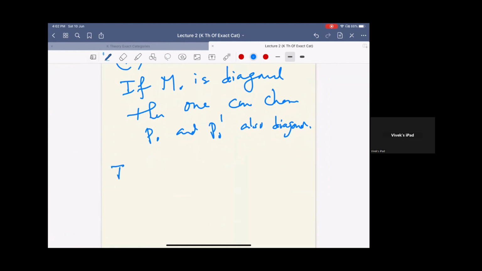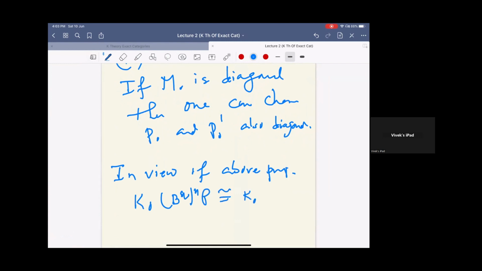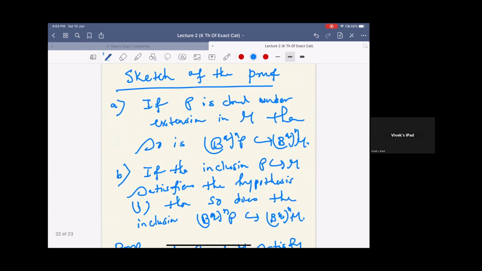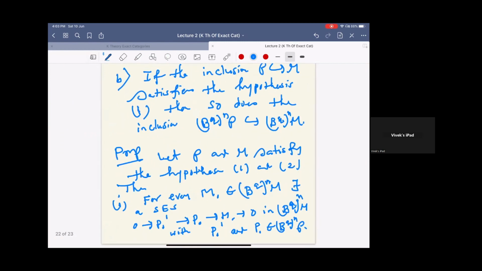So in view of the above proposition, what do we have? We have K0 of BQN rho is isomorphic to K0 of BQN M for each N. Because we have already proved this theorem for K0, and we have already verified that at the binary complex level these hypotheses also hold.